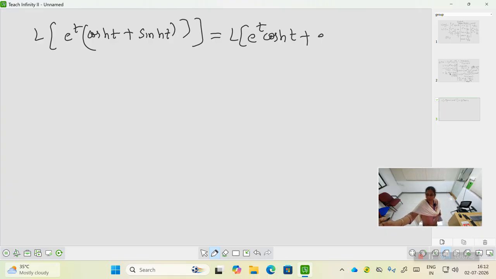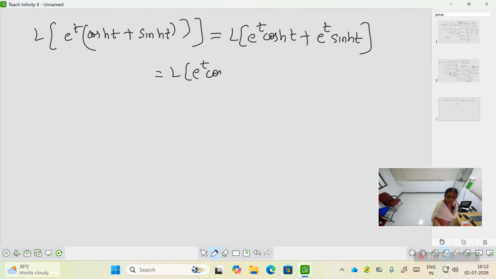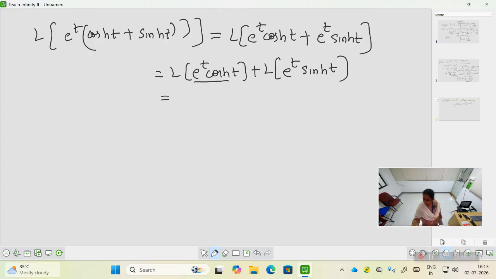E power t sin ht, right? So which is equal to L of e power t cos ht plus Laplace of e power t sin ht. Okay. So the next step is nothing but the first shifting property. What property are we going to apply for both the cases? First shifting. So first shifting property we have to choose.